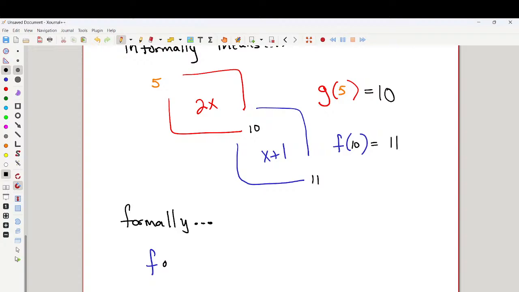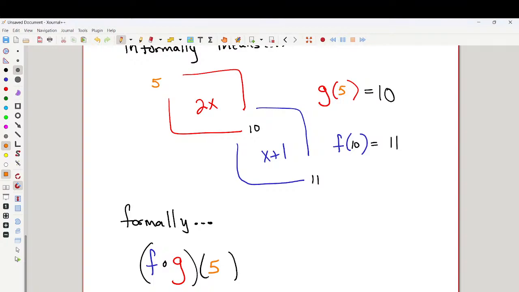Multiplication sometimes uses a dot. That's not multiplication. It's an open circle. This means composition. This symbolism means exactly what took place up there.